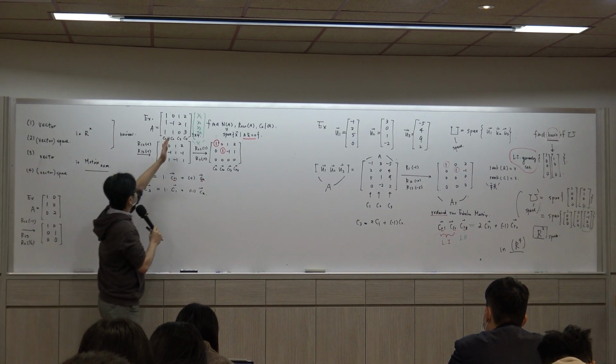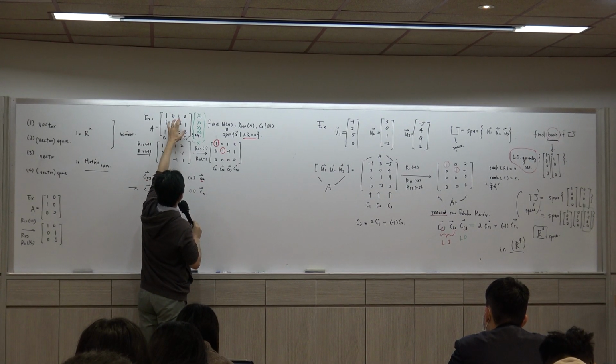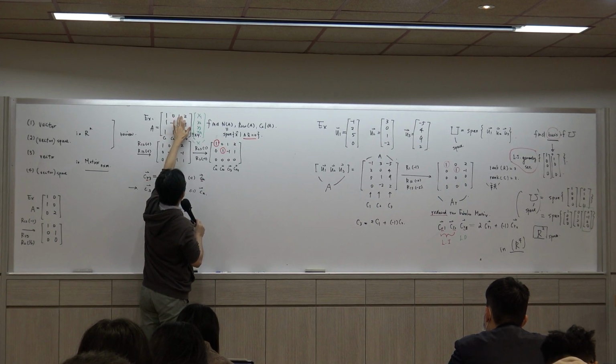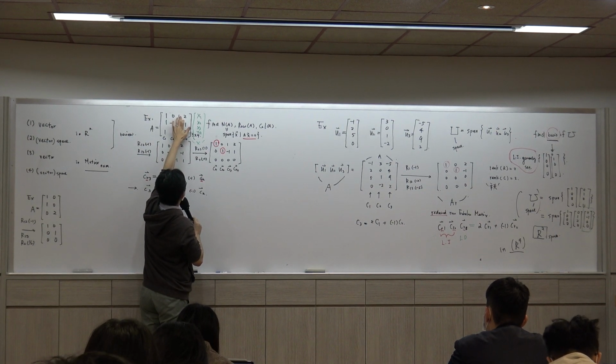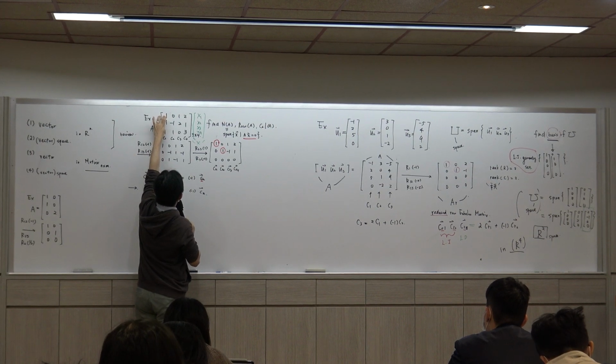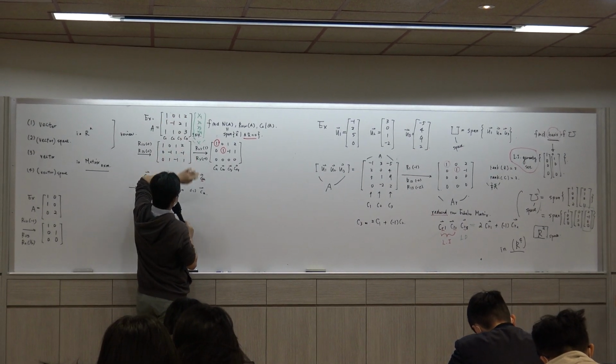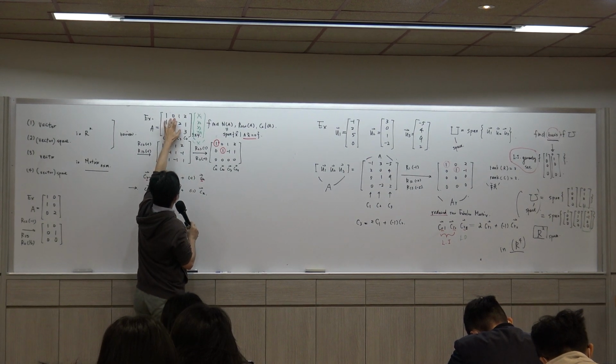So let's check. In the third column, element 1 can be the element in the first column plus minus 1 times the second column.